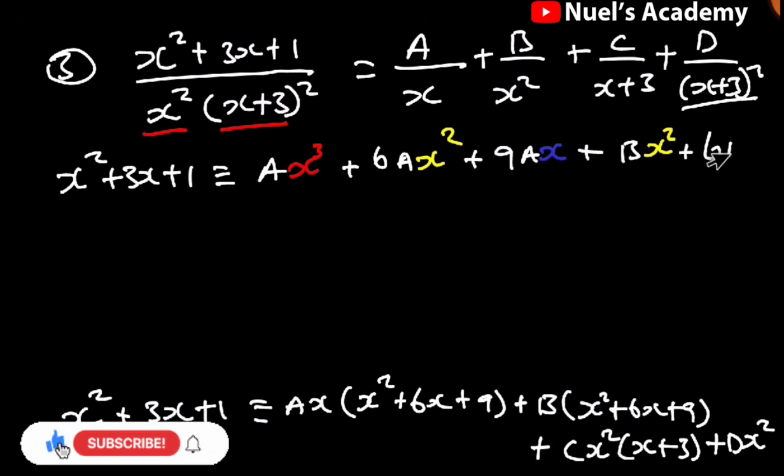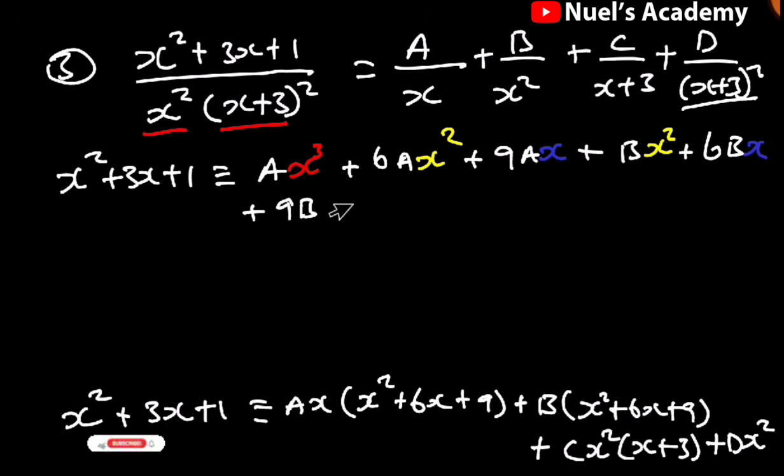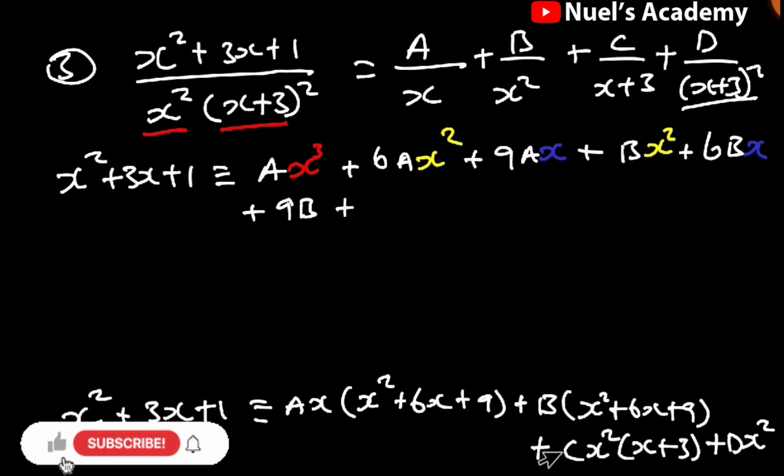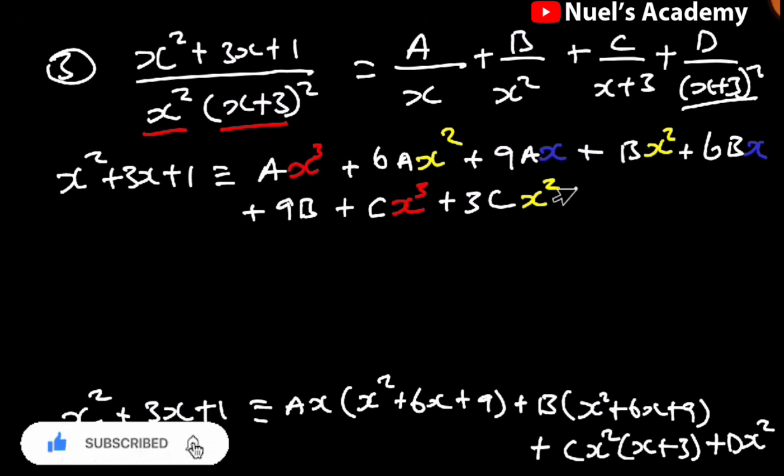We have 6Bx, then plus B times 9 is equals to 9B, plus Cx squared times x is equals to Cx cube, plus Cx squared times 3 is equals to 3Cx squared, plus Dx squared.